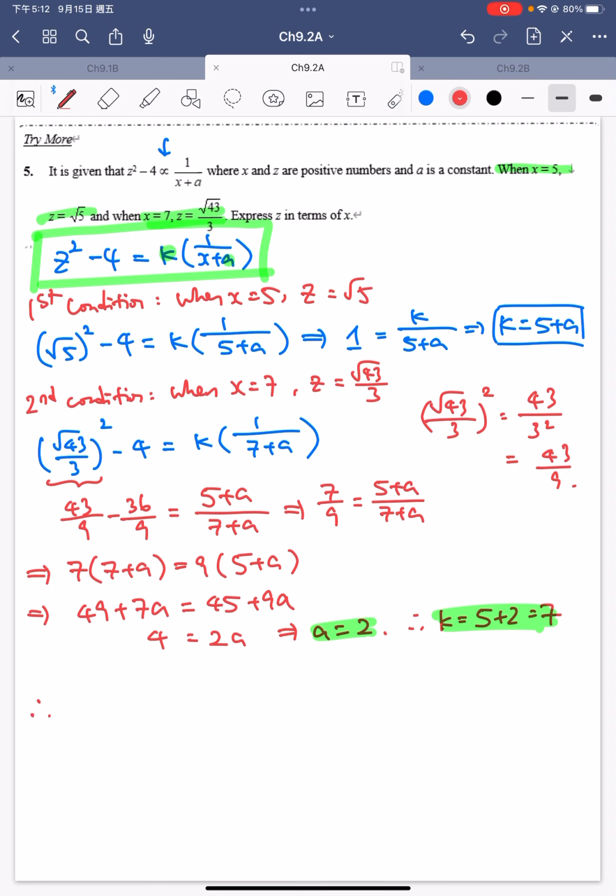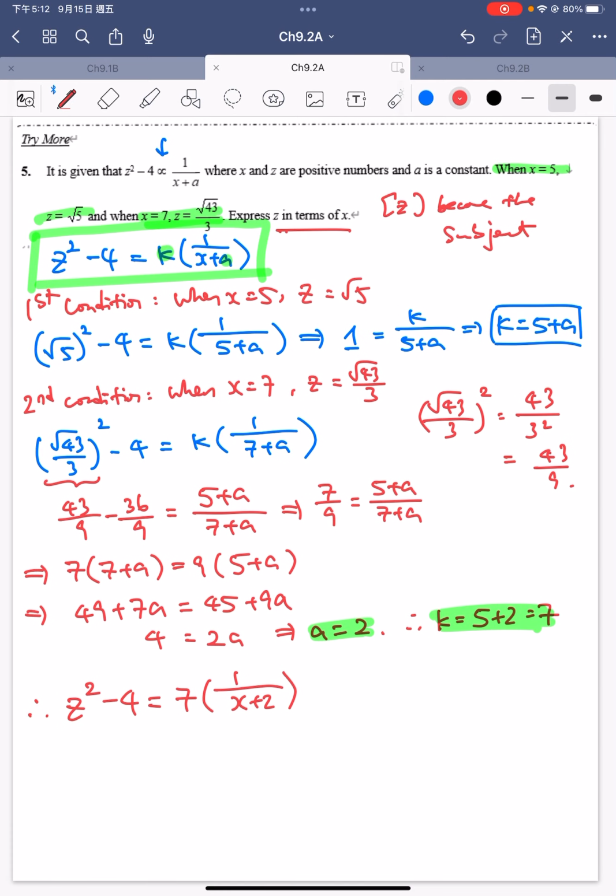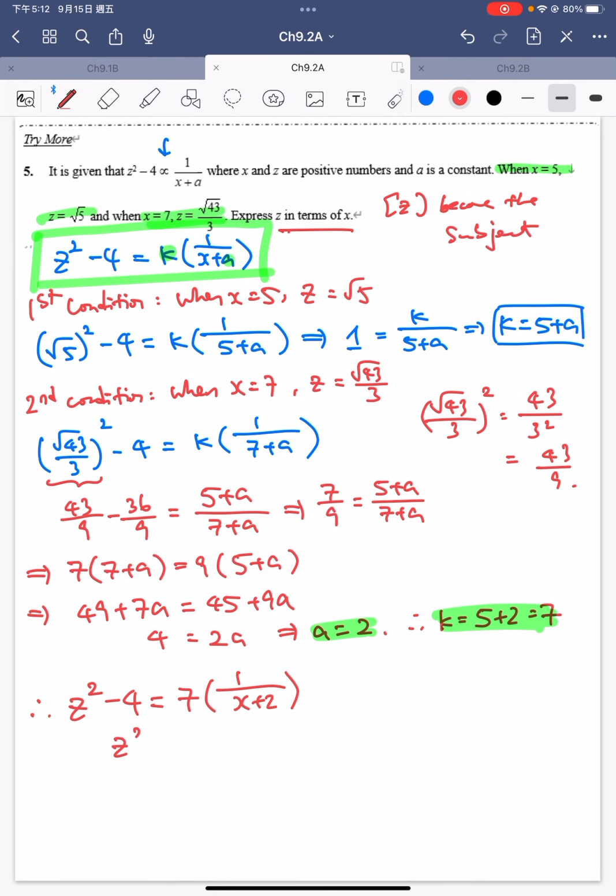So our solution should be z squared minus 4 equal to k, which is 7, times 1 over x plus 2. And because they need z in terms of x, we need to make z the subject, which means that we need to do some rearrangement. Then we have z squared is equal to 7 over x plus 2, plus 4.